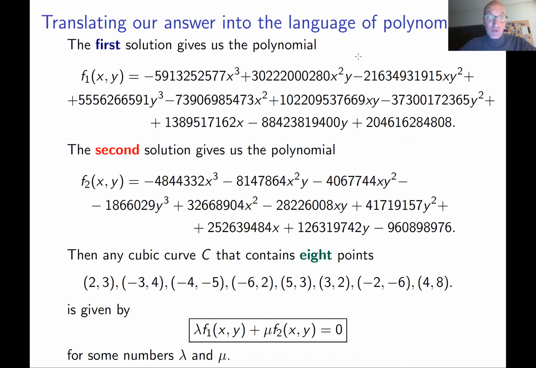And also f2 of this point is 0 because this point is contained in the red curve. So this equation vanishes at this point. We substitute this point in this polynomial equation, and you get 0 equal to 0. So this means that this point is contained in the curve C, which is exactly what we wanted to prove.